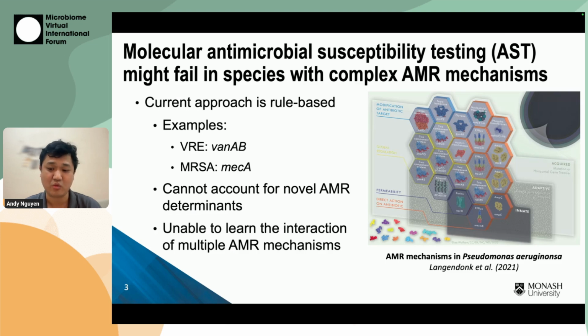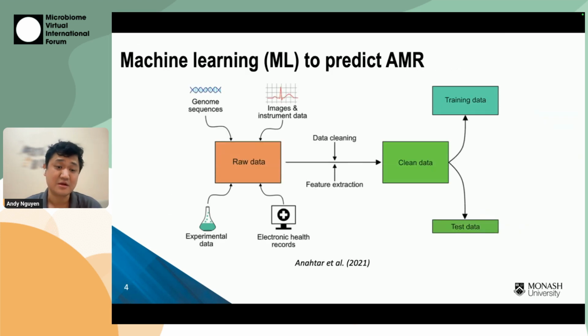This is where machine learning comes into play. With a machine learning approach, once the model is trained, you can quickly predict AMR given your input. In this work, we are focusing on whole genome sequencing data to predict AMR.